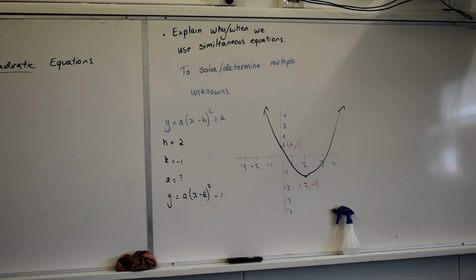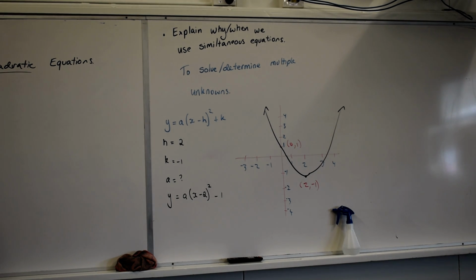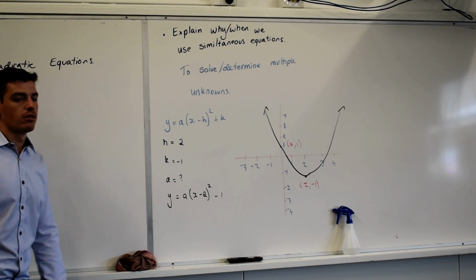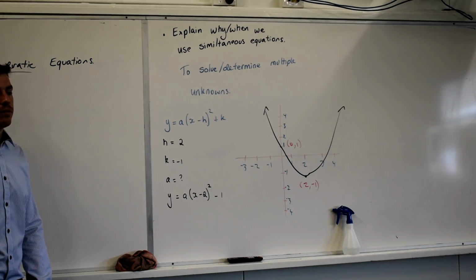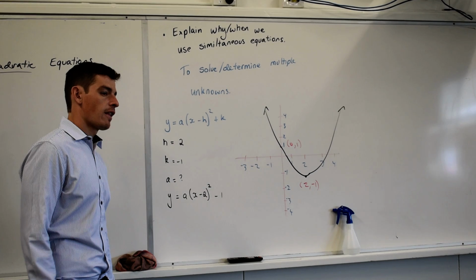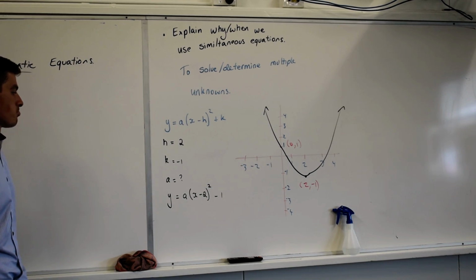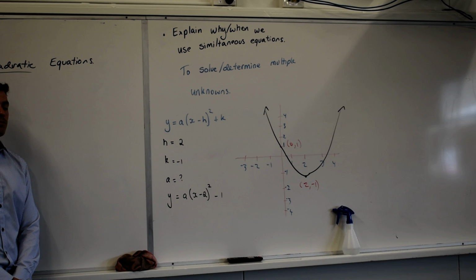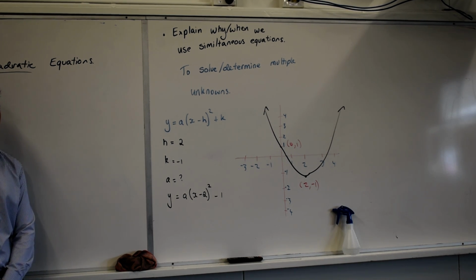How do I determine a? Rearrange the equation. Before I do that, expand the brackets? I could, but I'm not going to. Do we know anything else about this function? I can start at a given point. What point should I start with? 0, 1.